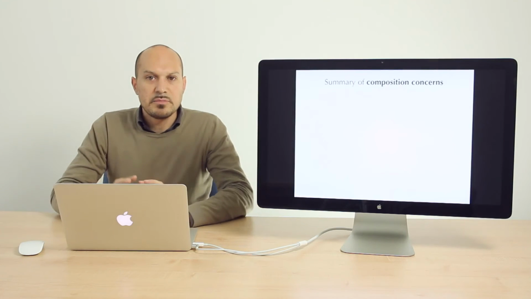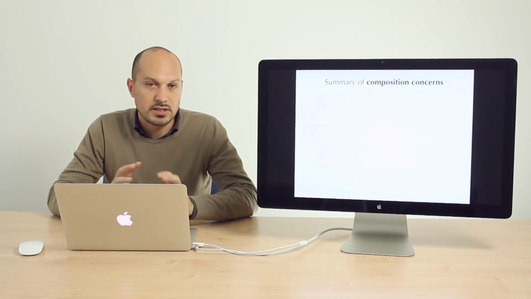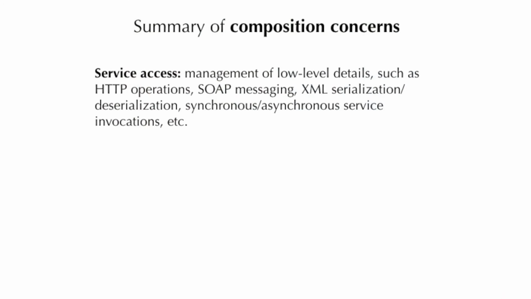Okay, so let me summarize the key composition concerns we have seen in this very simple example. First of all, service access. Composing services means being able to access services first of all. Accessing means invoking them, so talking to the operations of the service.